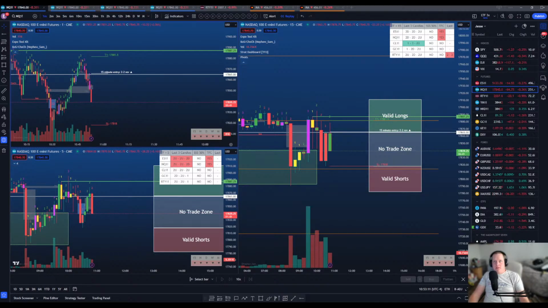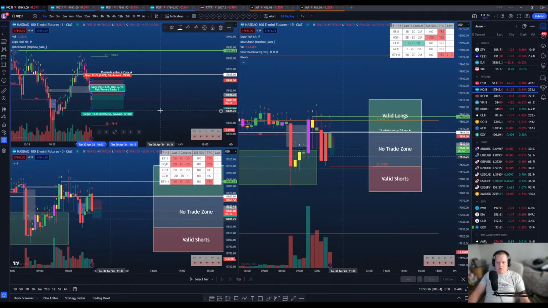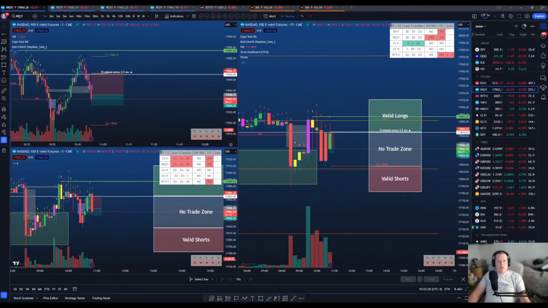Going short here, 46.25. It's touching that fair value gap on the 5.